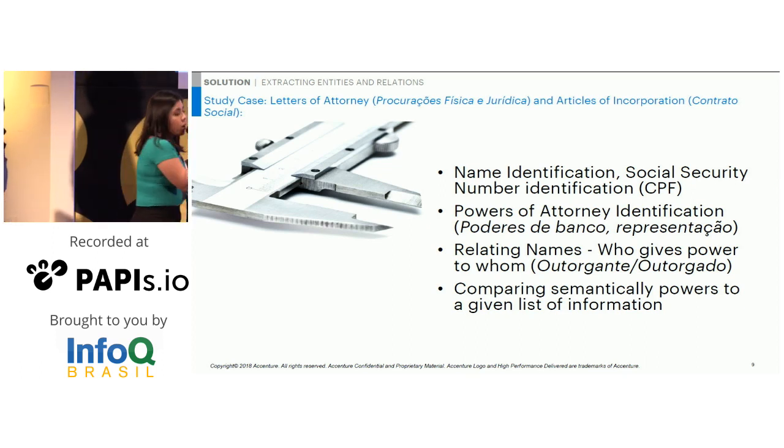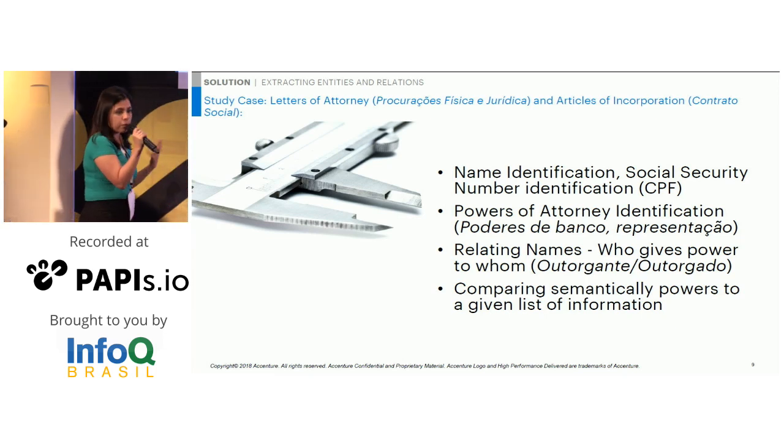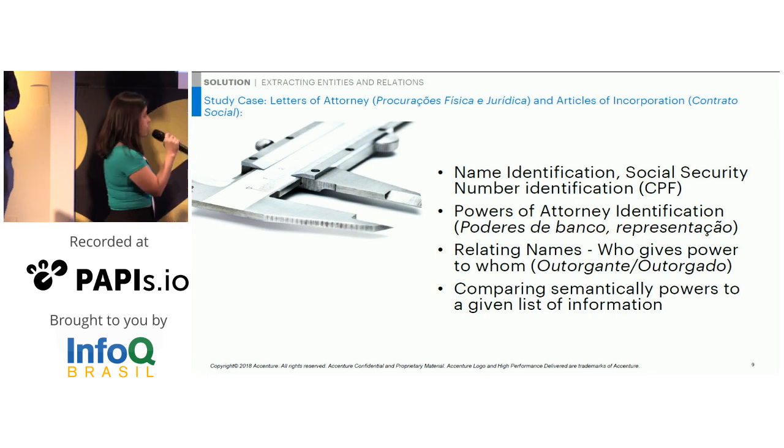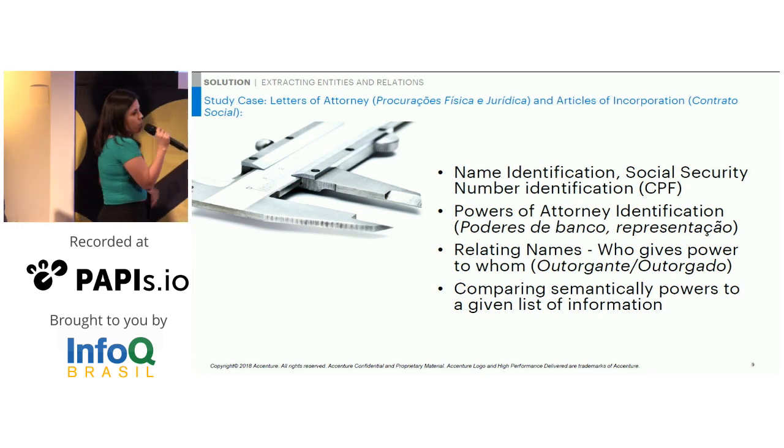We wanted to extract information from those documents, like the name identification, the CPF, the Social Security number identification. We had to identify the powers of attorney, like someone giving power to open an account or to represent someone in some place or something specific.